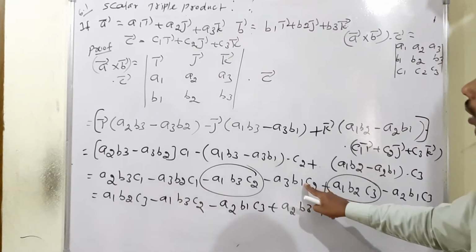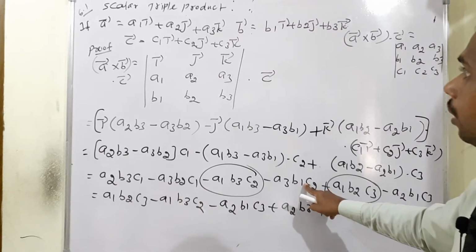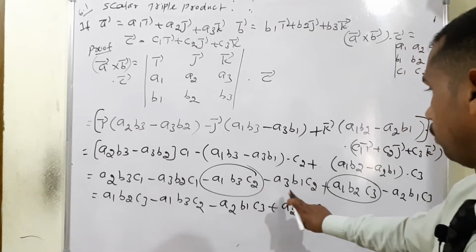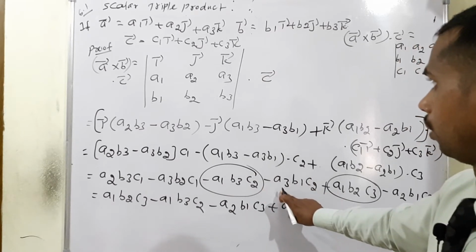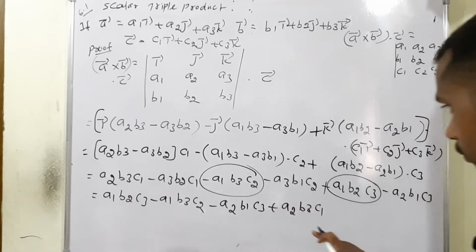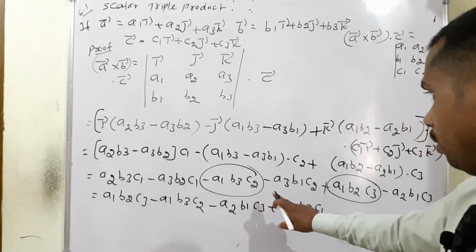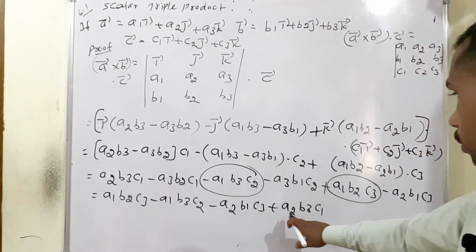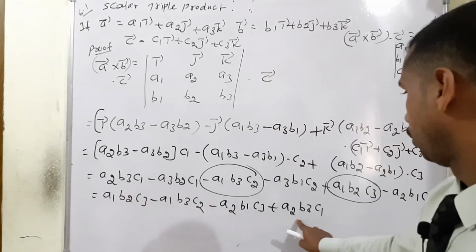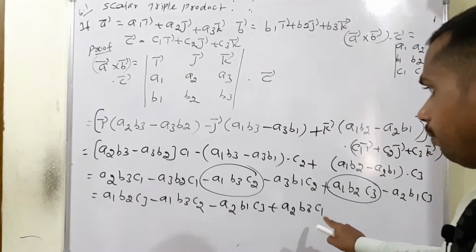But look at there. A1 is clear, A2 is clear, then A3 term.